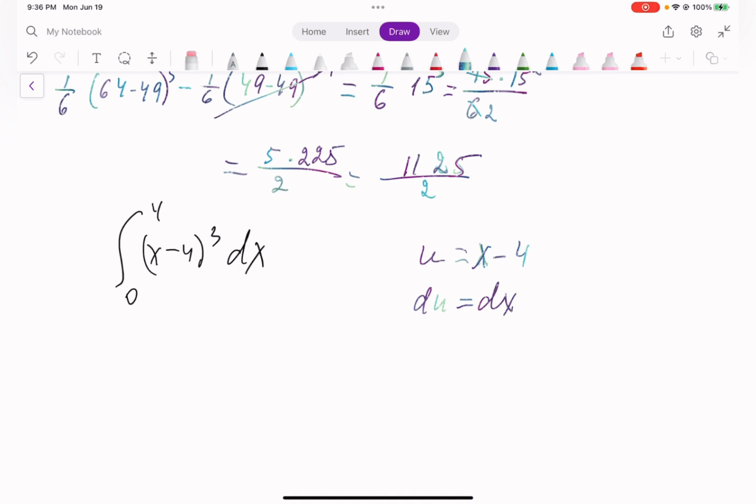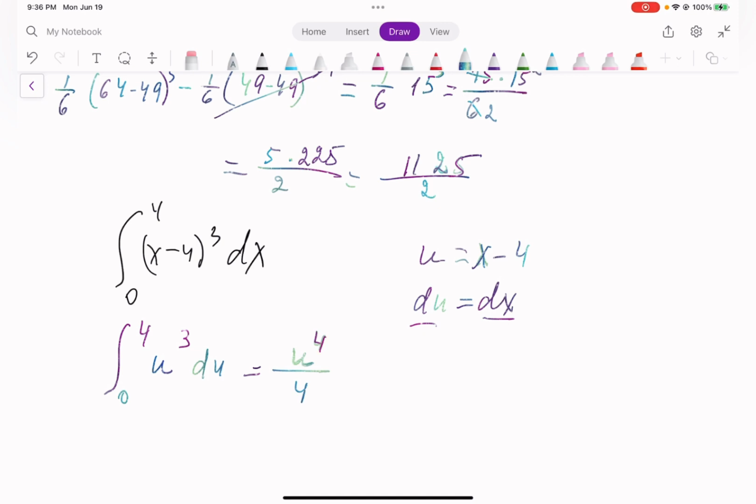So we are getting here 0 to 4, x minus 4 is u cubed, and dx is equal to du, right? So from here, what we are going to get is u to the power 4 divided by 4, right?